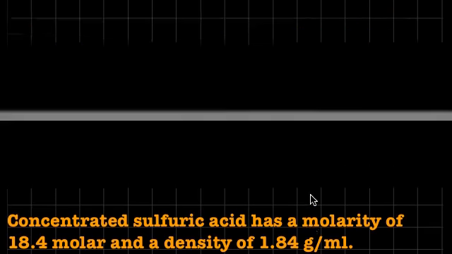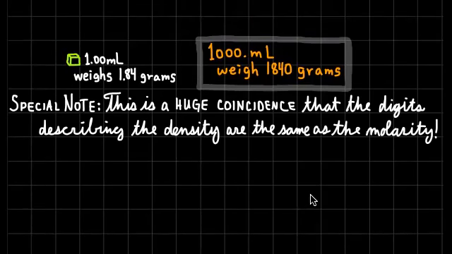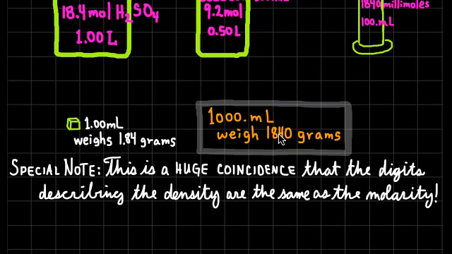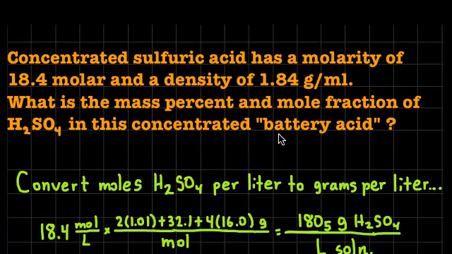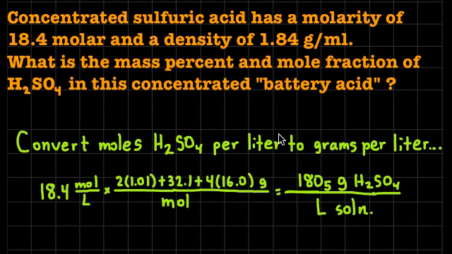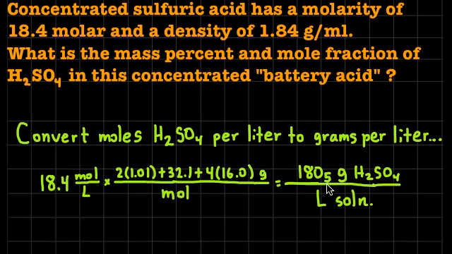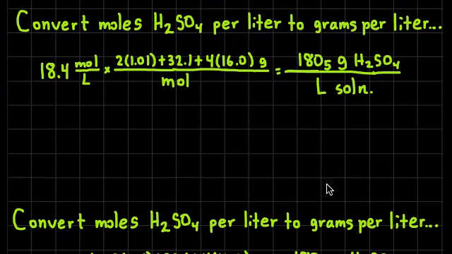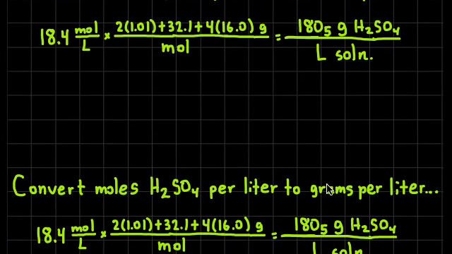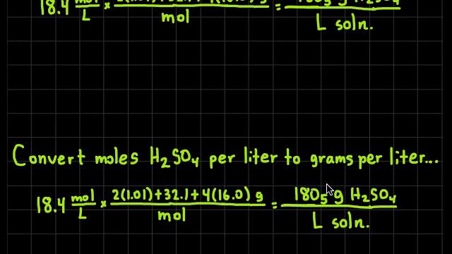So the mass of the solution altogether for a liter was 1,840. So the difference between 1,840 and this 1,805 number must be the grams of water that's in the mixture, which is only 35 grams of water, which is an amazingly small amount of water considering how much sulfuric acid we have.